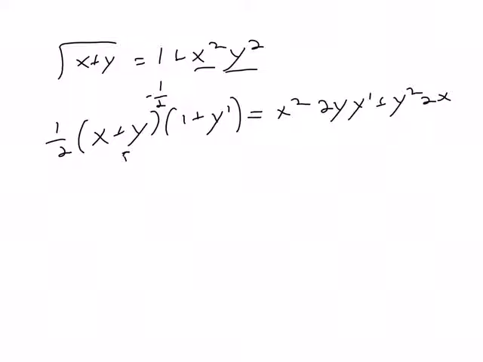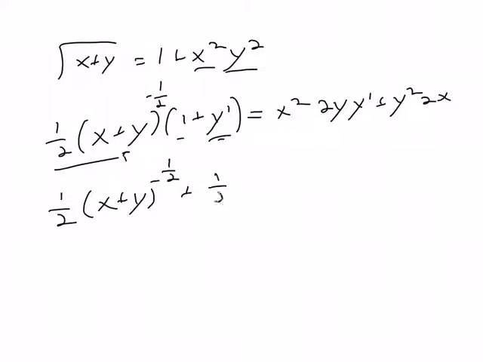Okay. So this can multiply, so basically we're going to have 1/2 x plus y to the negative 1/2 times 1, and then plus multiplying this by this.